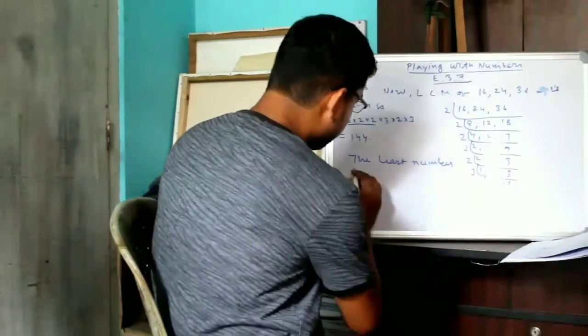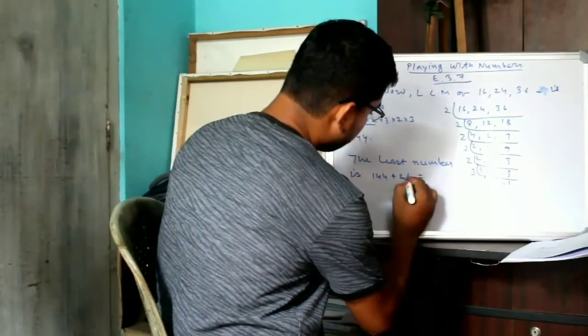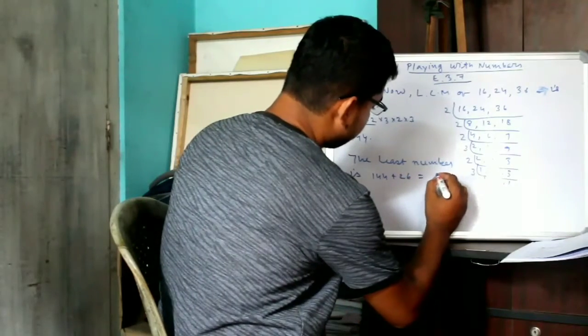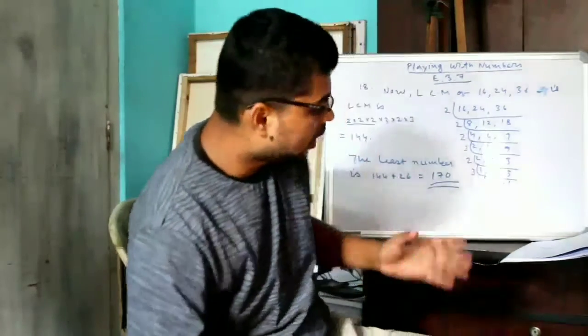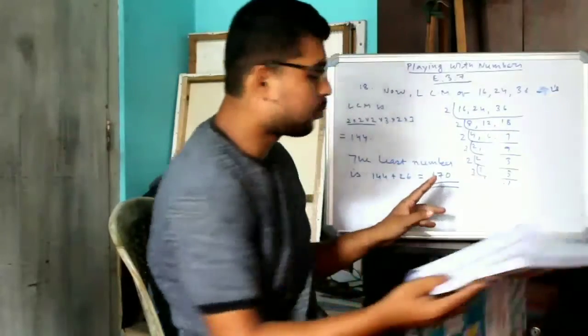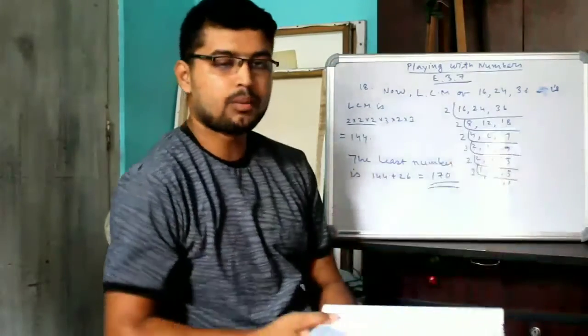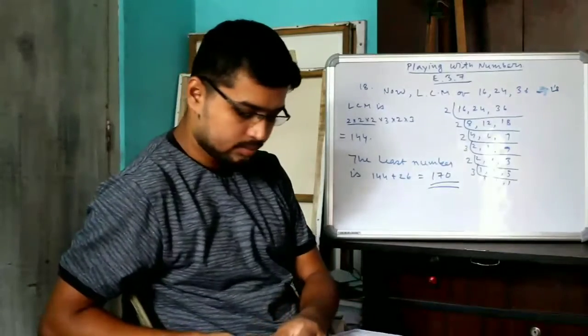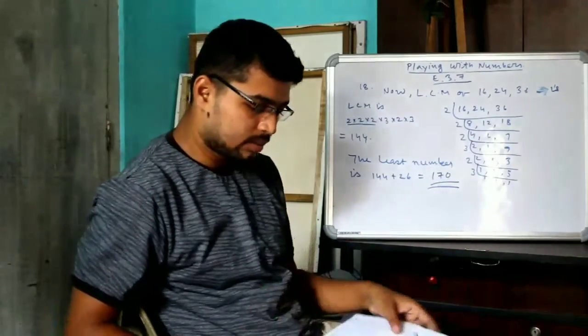The least number is 144 plus 26 equal to 170. So 170 is the least number; if you subtract 26 from 170, you will get 144, which is the LCM of all three numbers. Is it the answer? Yes, 170.